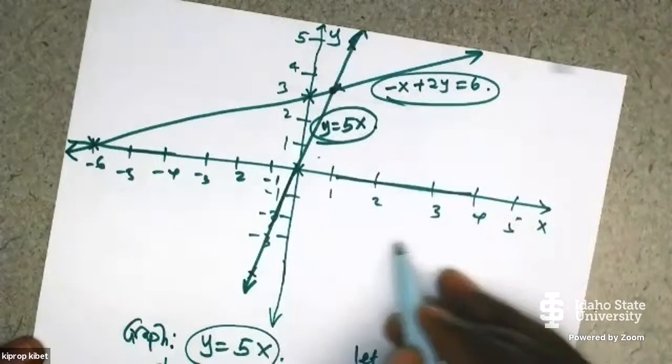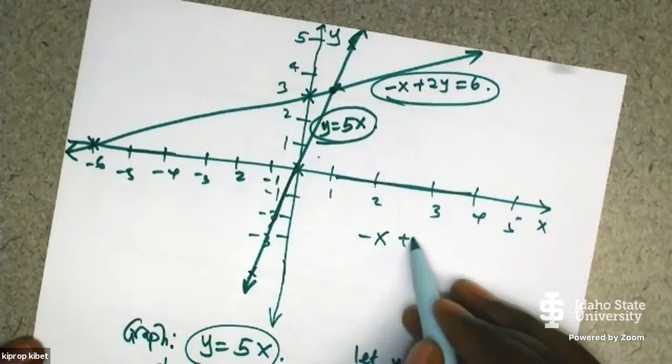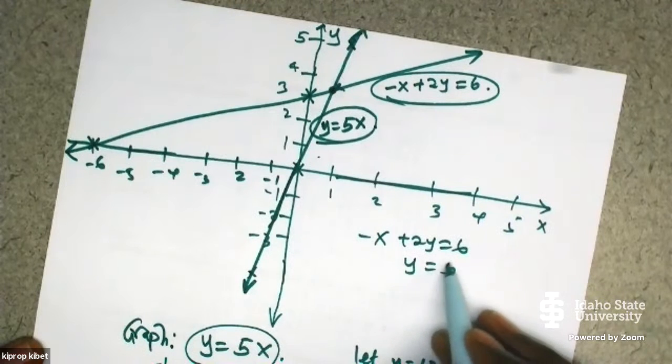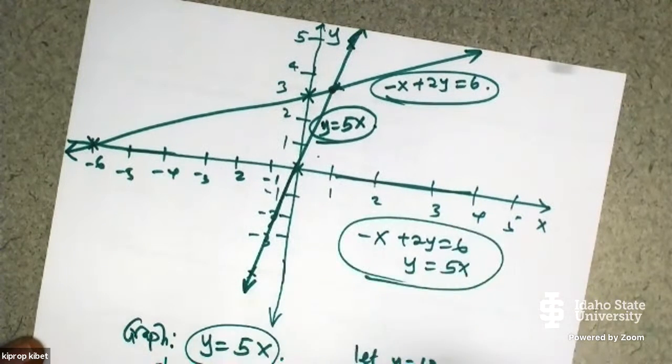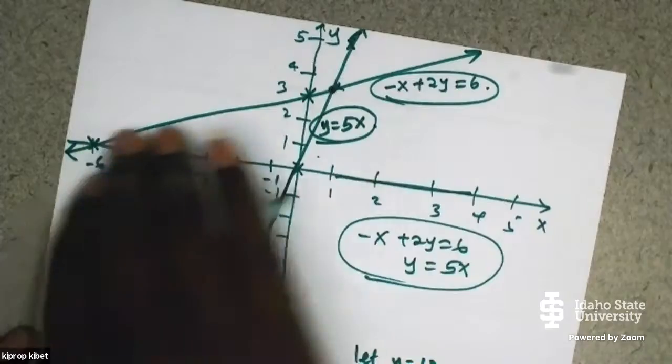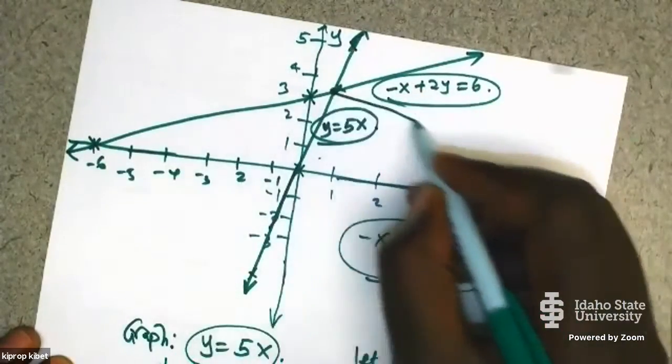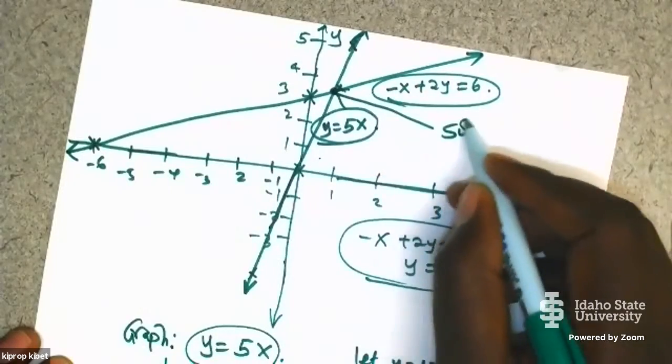So if we have the equation x plus 2y equals 6, and y equals 5x, and we draw the graph of the two equations, like the way we have just done here, the first equation is this, the second equation is this. Where they meet here is the what? Solution.